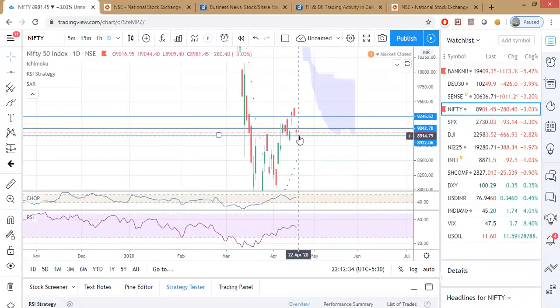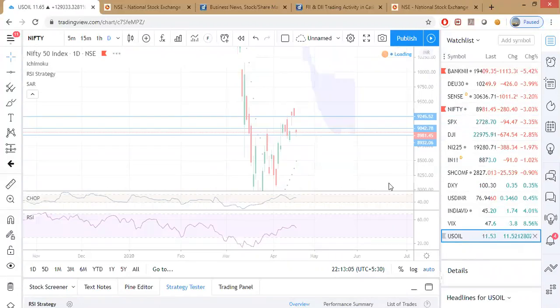So for tomorrow, I think Nifty will touch 8,900 for sure. Today it tested 8,900 as I predicted in the morning video, and we can see that Nifty might test 8,500 if it crosses 8,900 with heavy volume. It will touch 8,500 for sure. So Nifty is currently in a downward momentum, and we can see the pressure coming in. Also, US oil is currently trading at $11.